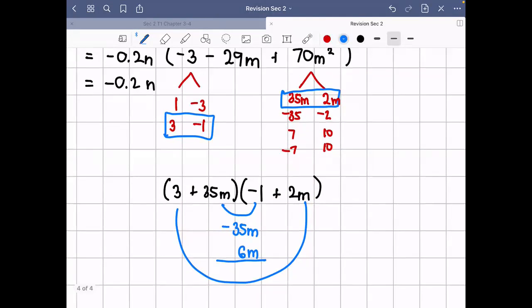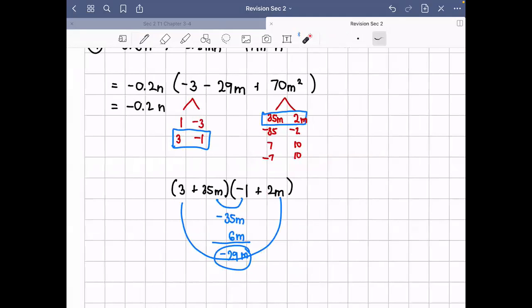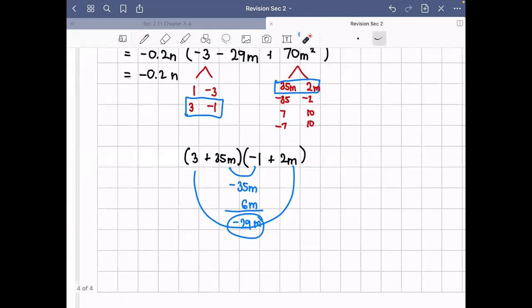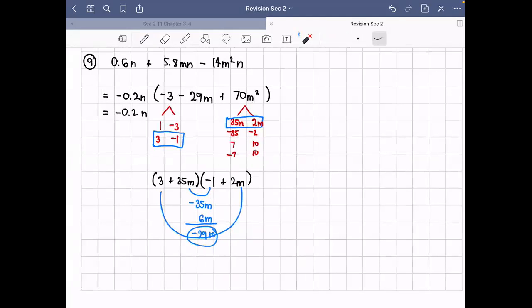So this is negative 29m, which is similar with our middle term. If it's similar, that means our answer is correct. So what is our final answer here for number 9? Our final answer is negative 0.2n and then 3.